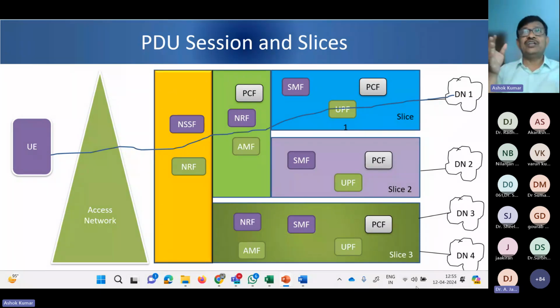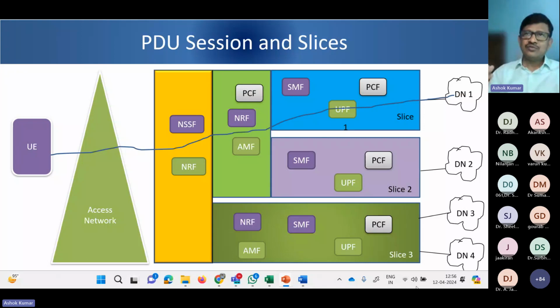Suppose I create a corridor from Delhi to Jaipur, and there I roll out 5G services for URLLC, and I have created that corridor only for autonomous cars. All the autonomous or self-driving cars are running on that corridor.